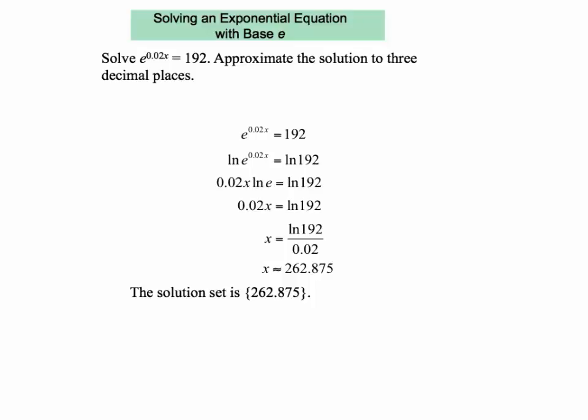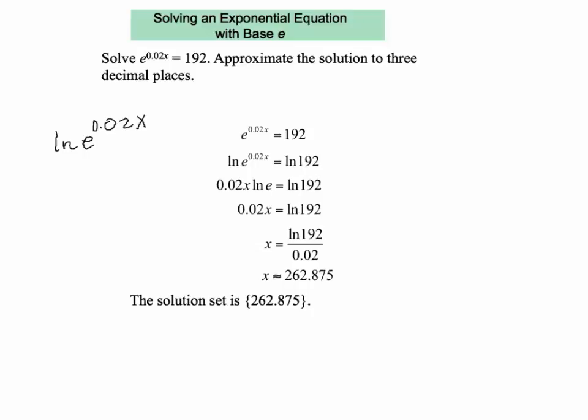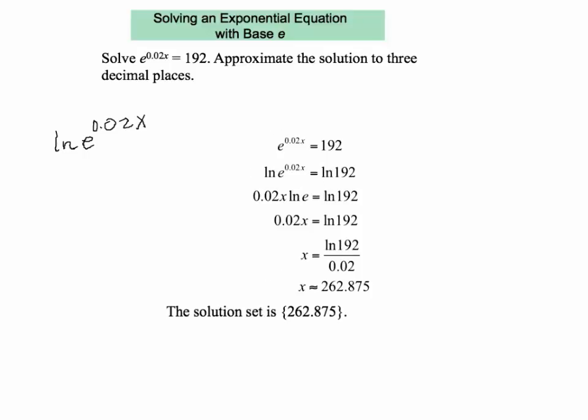If I have e to the power of 0.02x, if I have the natural log of that, I can take this part here, and I can take this part here and move it right in front of this natural log.